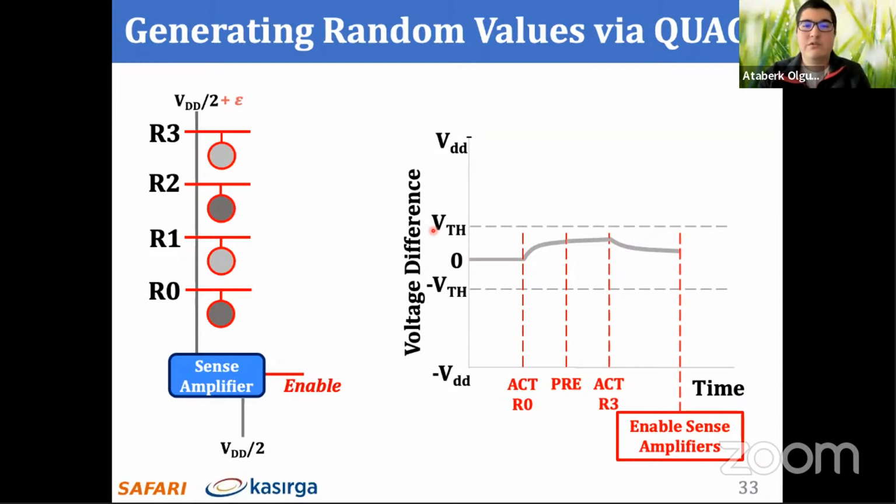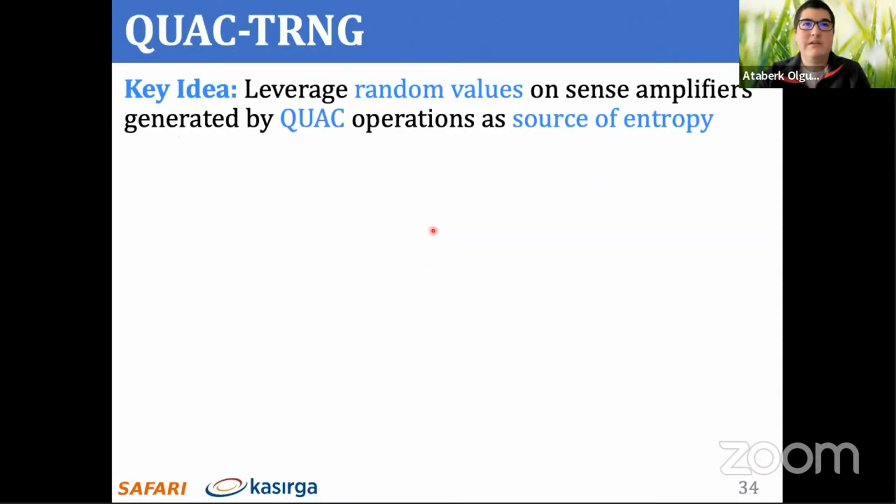And the bit line voltage will be amplified towards either VDD or minus VDD. We exploit this behavior and develop a high throughput true random number generator that leverages the random values generated on the sense amplifiers following QUAC operations.